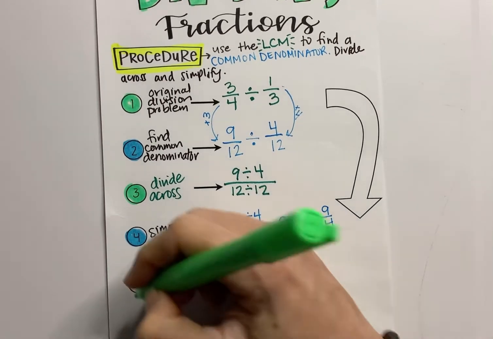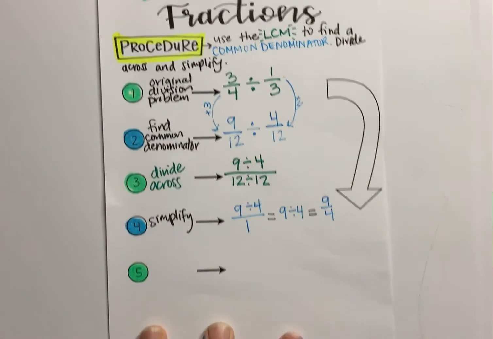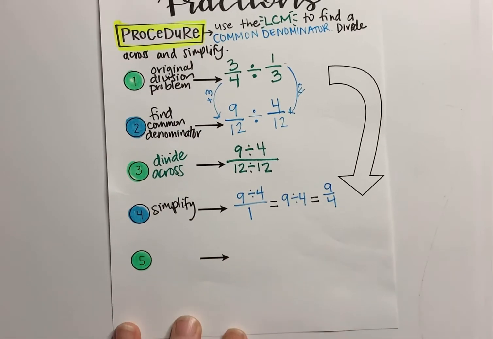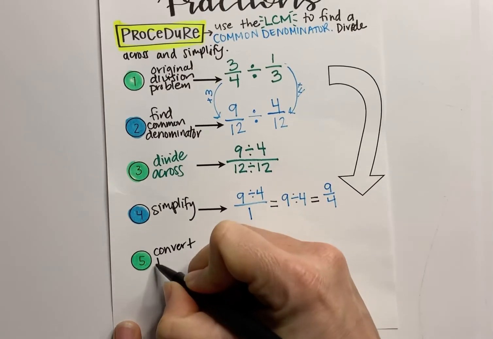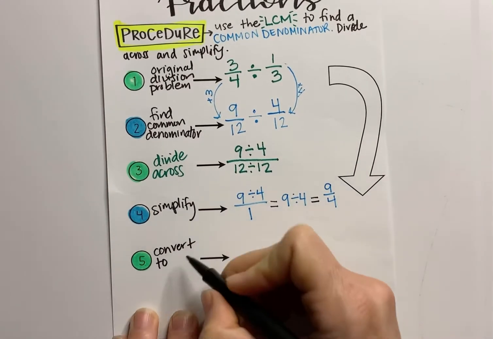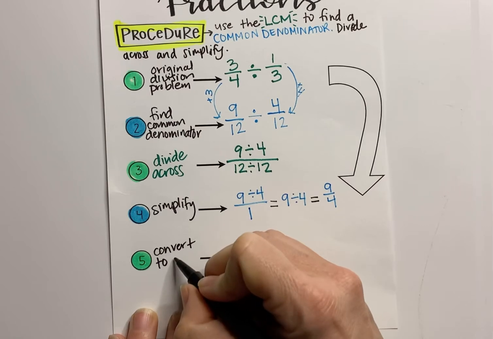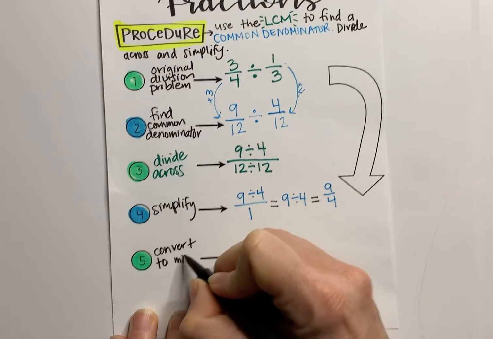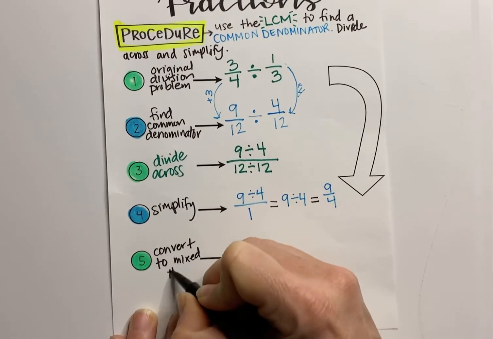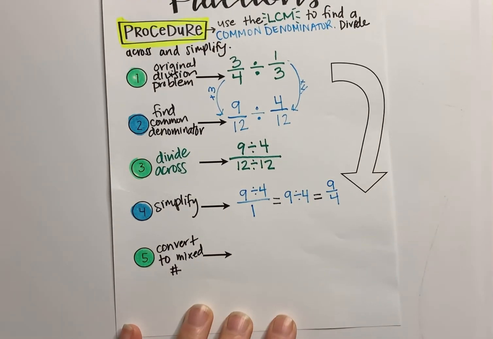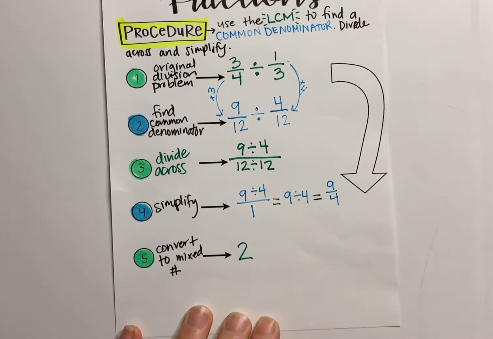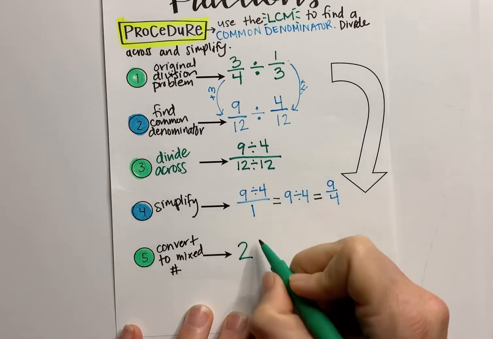And now the last step. Now that we have this improper fraction, we are going to convert it to a mixed number, if you need to. Sometimes it won't be in that form. So I'm going to see how many times 4 goes into 9. It goes 2 times with 1 left over.